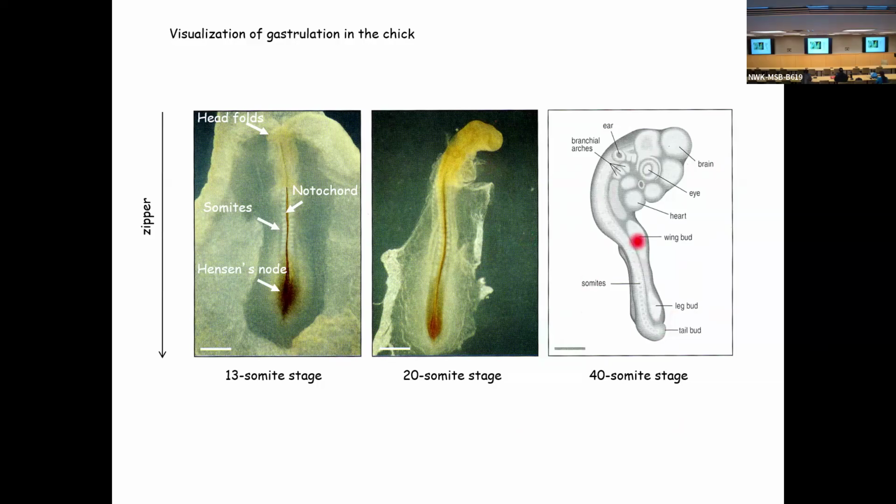For example, the wing bud that will give rise to the wings, the leg bud that will give rise to the legs, okay? And the head, all the formations, etc. And we're not going to go further during development. I want you to learn up to gastrulation and the formation of the 3 layers, okay?